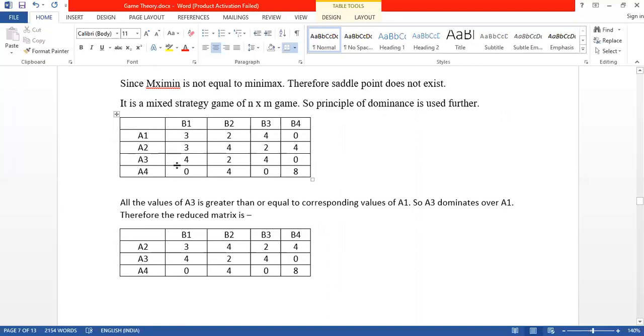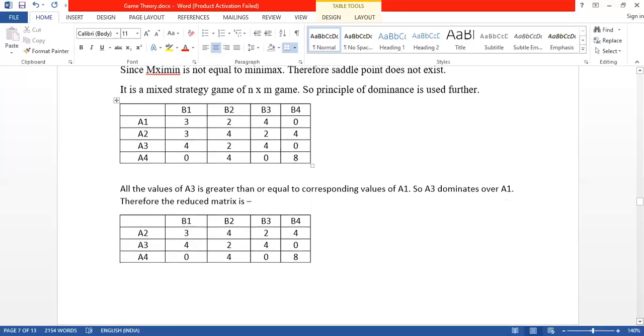That means all the values of A3 are either greater or equal to the corresponding values. That means A3 dominates over A1, and since A3 is dominating, we don't require A1 in the matrix. So we have eliminated A1 in our reduced form, right? So now the matrix has A2, A3, A4 and B1, B2, B3, B4.